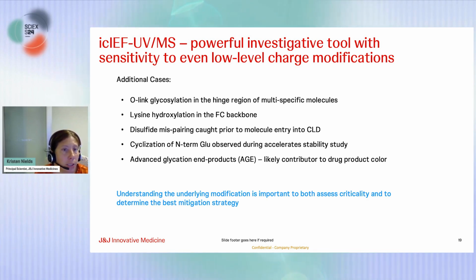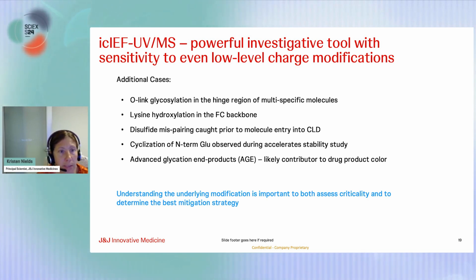So in conclusion, we've been able to use the Intabio ZT as a powerful investigative tool with sensitivity to even low-level charge modifications. We've been able to quantitate O-linked glycosylation in the hinge region of multi-specific molecules.